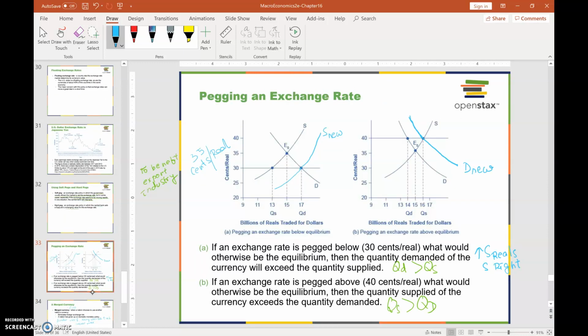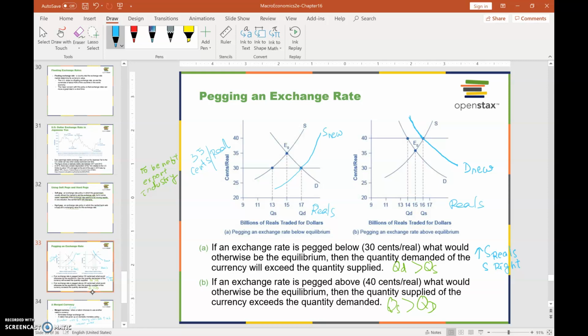I'm going to look at how the central bank is pegging an exchange rate. On panel A and panel B, I have the quantity of reals on the horizontal axis, which is the Brazilian currency, and I have the exchange rate for real on the vertical axis.